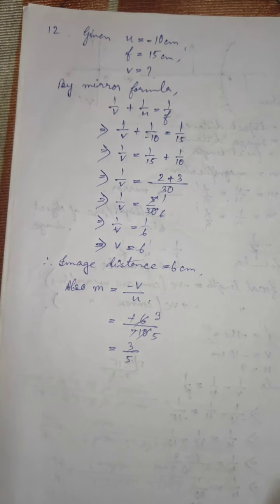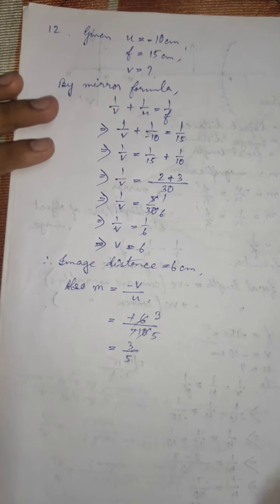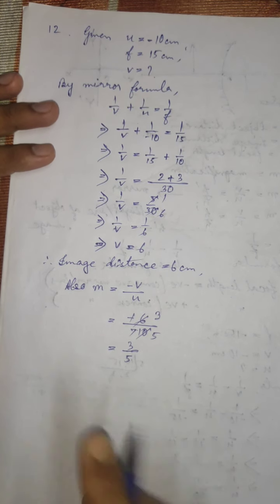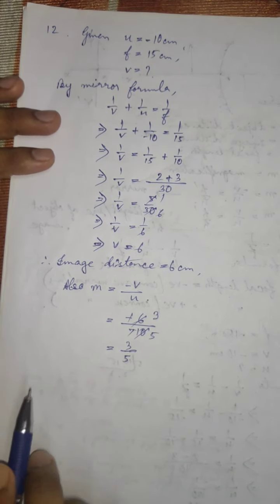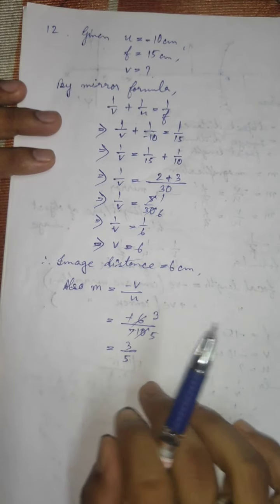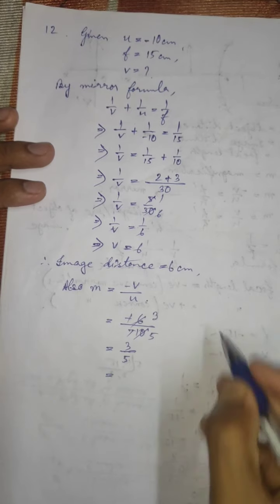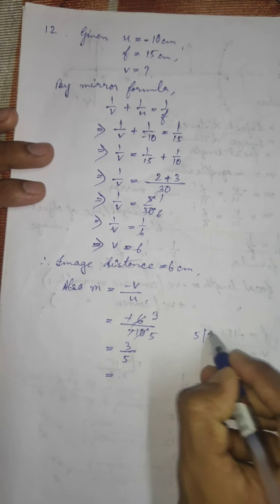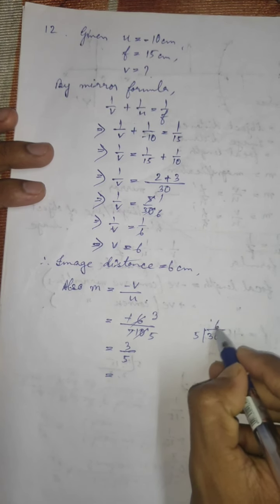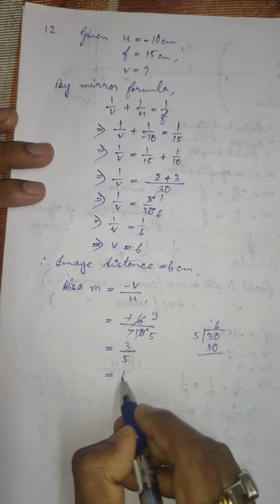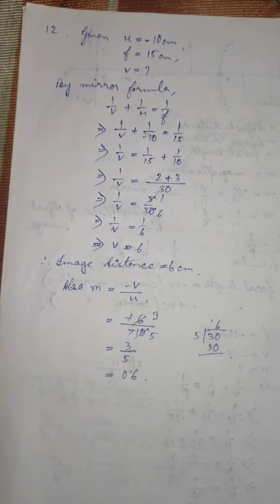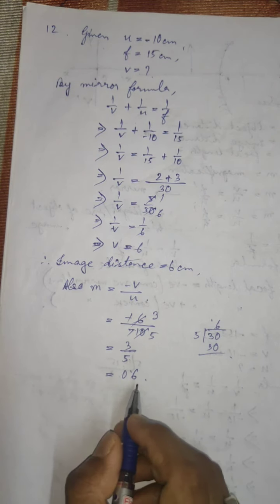The result is positive. You can convert this to decimal if you want. Now 0.6, this is positive.